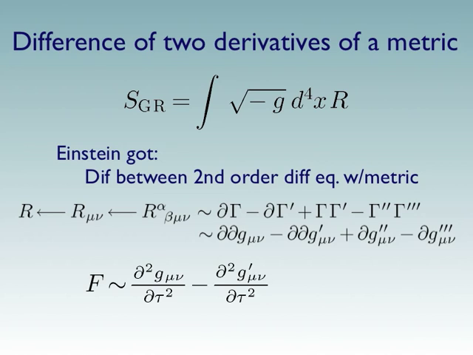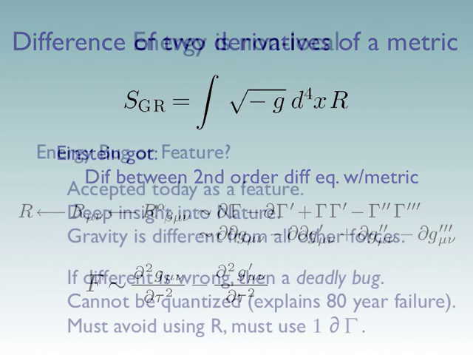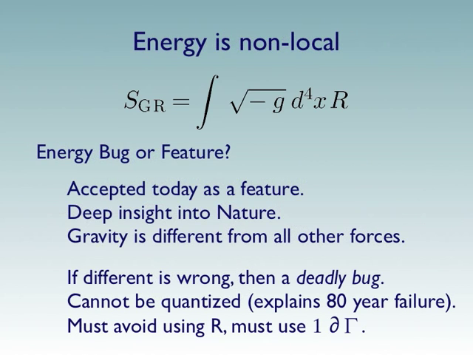Now, what are the consequences of that? One of the most important consequences is that energy is non-local. If you choose any point in space-time, then you could choose a coordinate system such that energy was zero at that point.